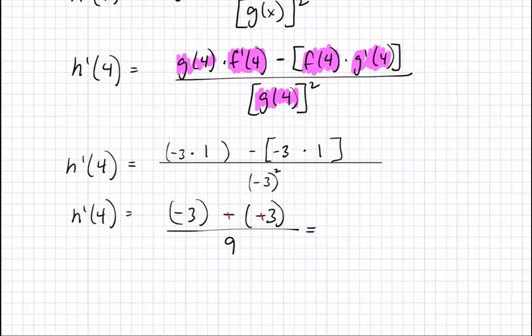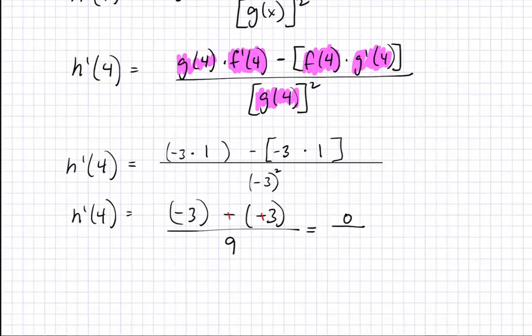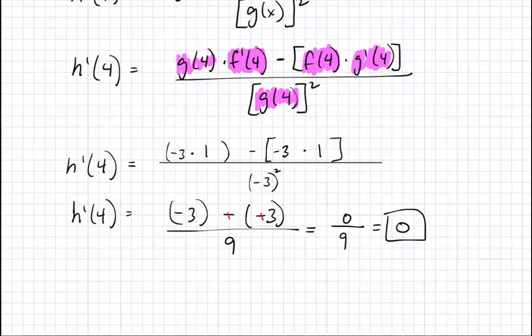So -3 plus 3, 0, over 9, makes 0. So H prime of 4 is just 0. 0 is okay, 0 is an answer. Even undefined is an answer. If 0 was on the bottom and 9 was on the top, that's okay. It happens sometimes.